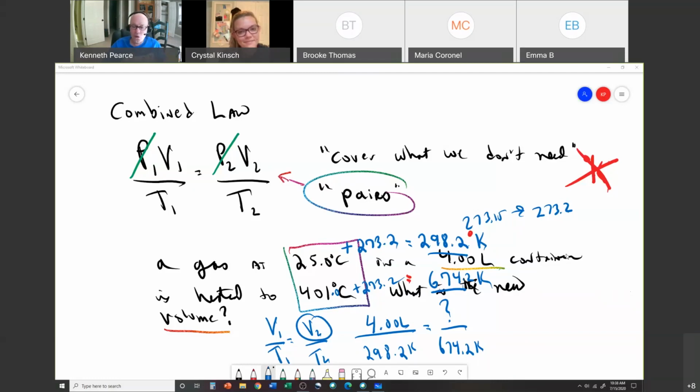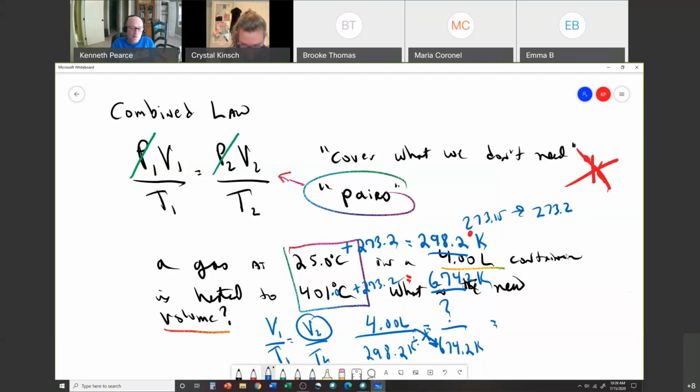Okay, so we're going to do cross multiplication, which means we multiply these two, and then we divide by the other one, okay? And then we'll get a number. So I'm going to grab my calculator. Let's see, turn on my calculator. So I say 4 times 674.2 divided by 298.2.